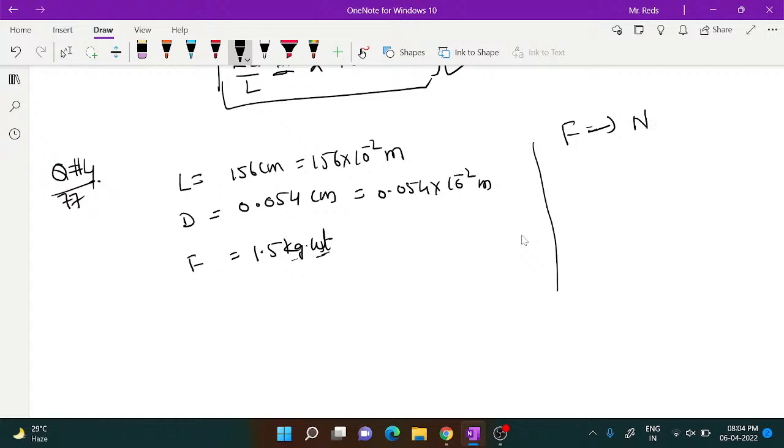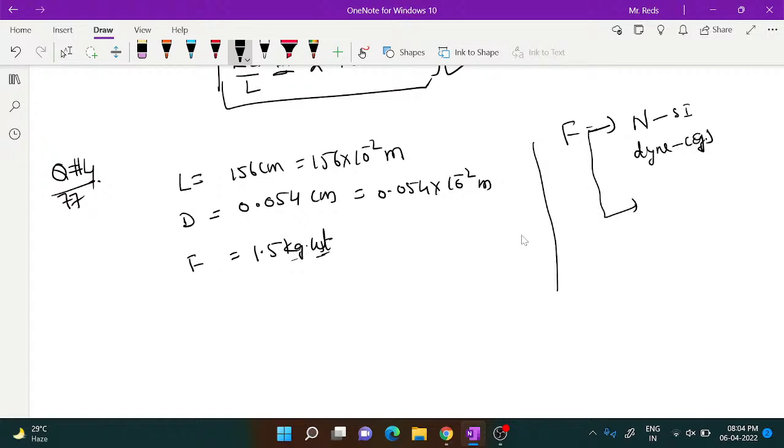Therefore, for force, there are two types of units here: the conventional units and gravitational units. The conventional unit is Newton in the SI system and dyne in the CGS system. But another kind of units, called gravitational units, are there.